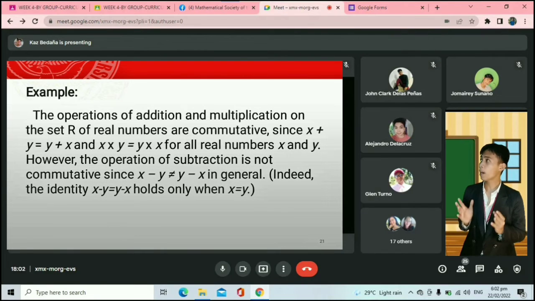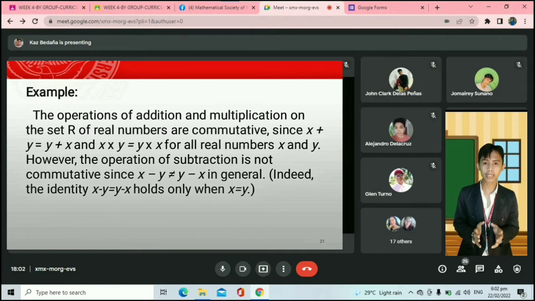The operations of addition and multiplication on the set of real numbers are commutative since x plus y is equal to y plus x, and x times y is equal to y times x for all real numbers x and y.